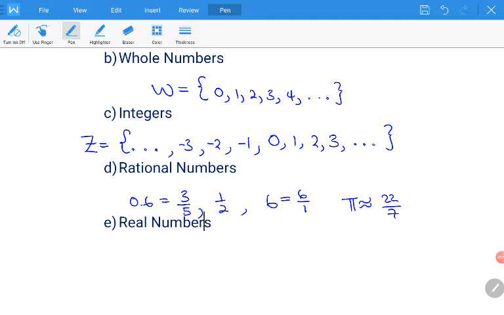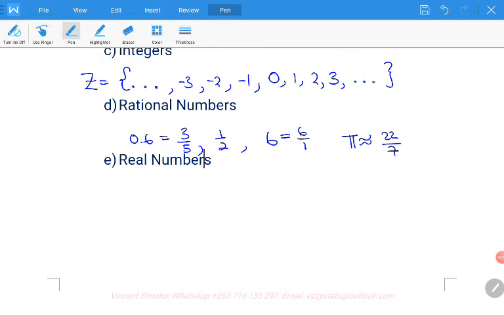Then we go on to look at the fifth number type. The fifth number type is real numbers. Real numbers constitute all the number types we can think of: the natural numbers, the whole numbers, the integers, the rational numbers, and the irrational numbers.